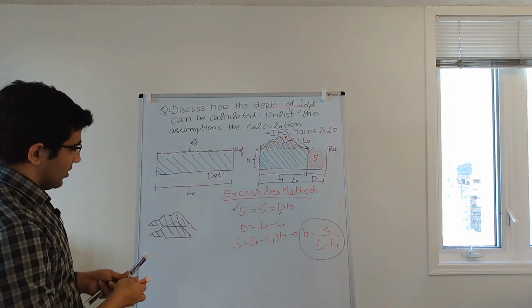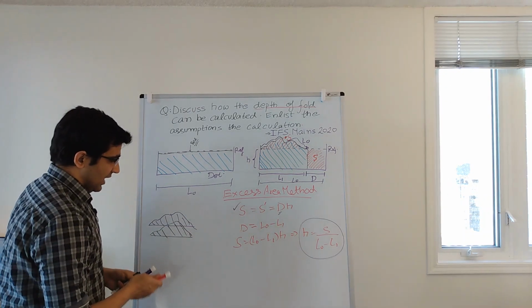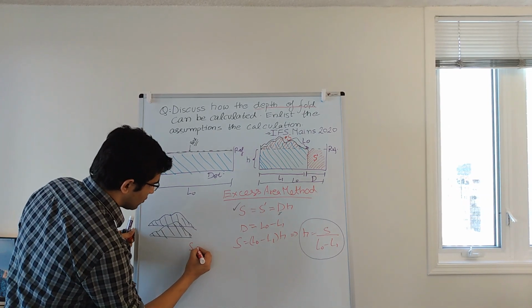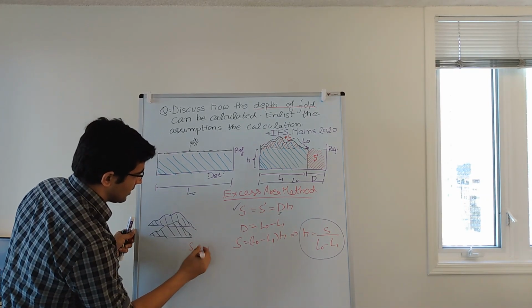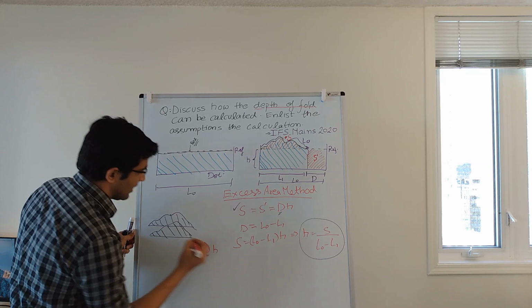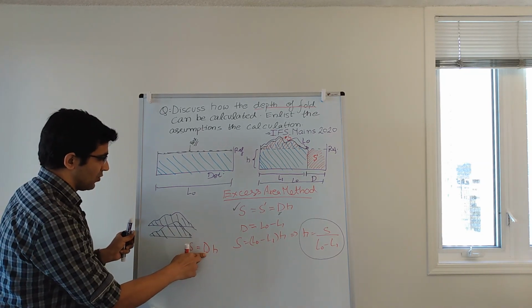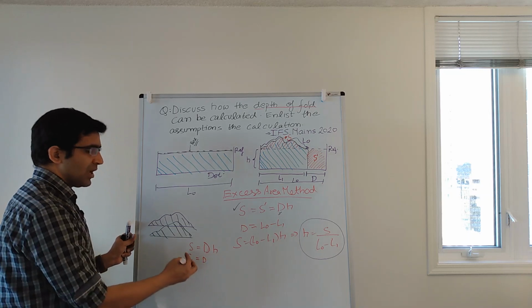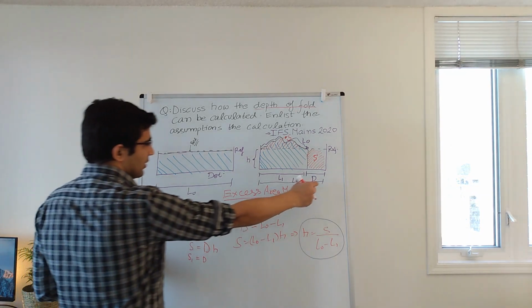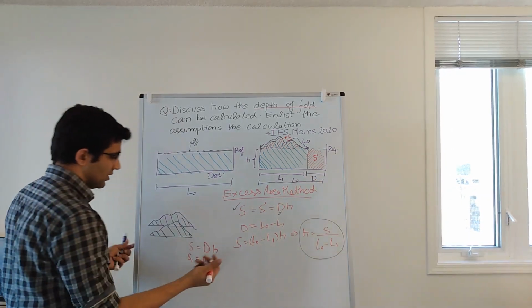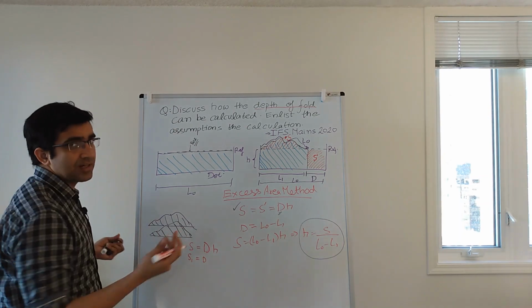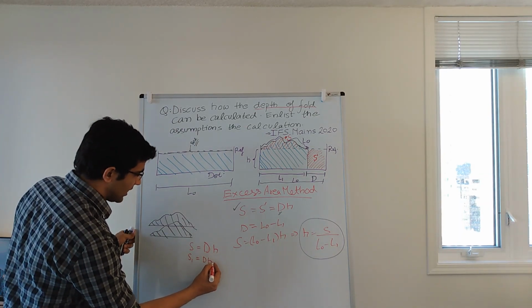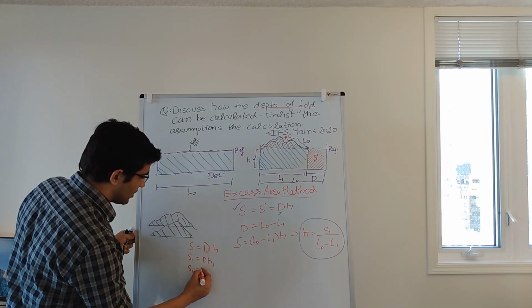Why do we do that? Because you can see here S equals DH. So S1 equals, again, D is whatever shortening is taking place over there, and that shortening is fixed. So S1 equals DH1, S2 equals DH2.